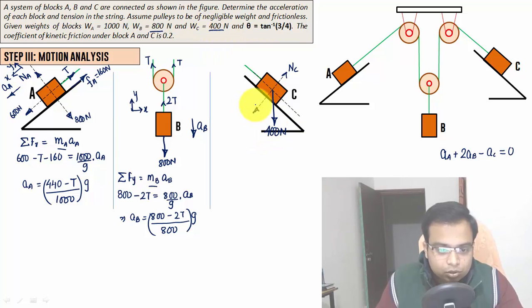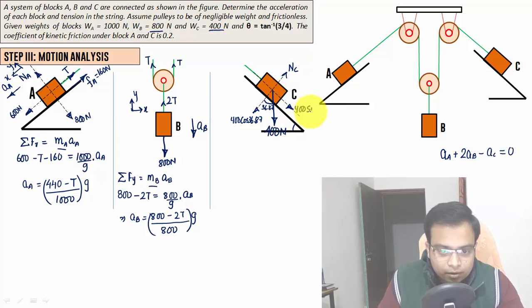400 newtons. So it's going to have a component here. This is nothing but 36.87, same theta. Okay, so here the component will be 400 cos 36.87, and here the component will be 400 sine 36.87.